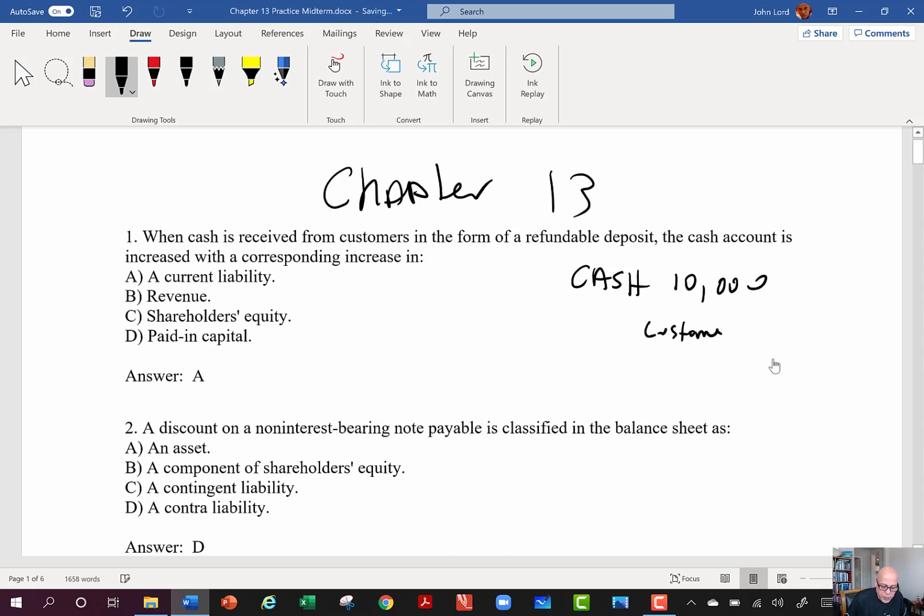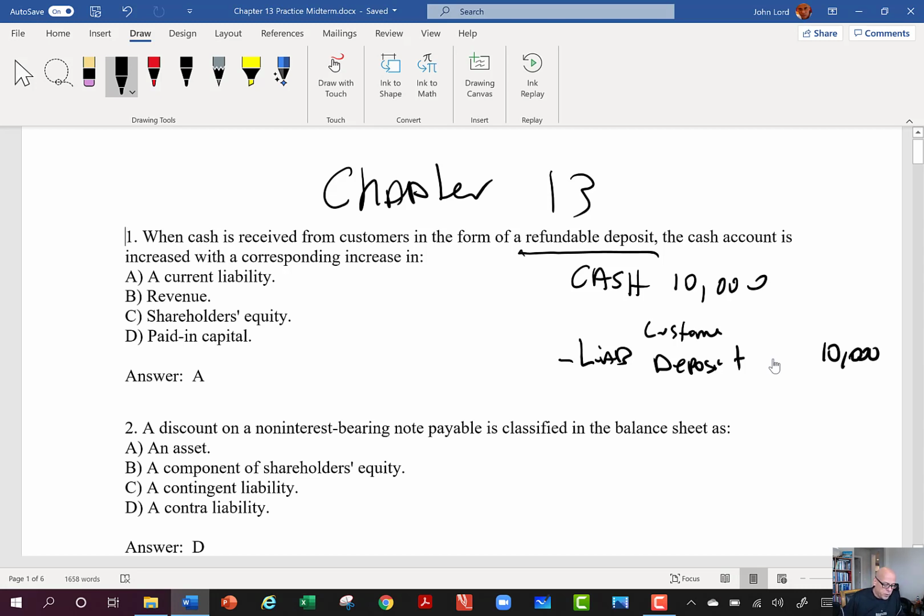I'm just giving a name to that liability. It would show in the liability section of the balance sheet at $10,000. Later on, if we have to refund that deposit, when I give that money back to them, I would debit the liability and credit the cash. But that's a current liability.